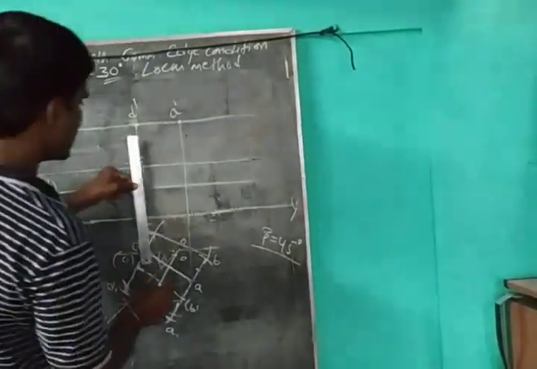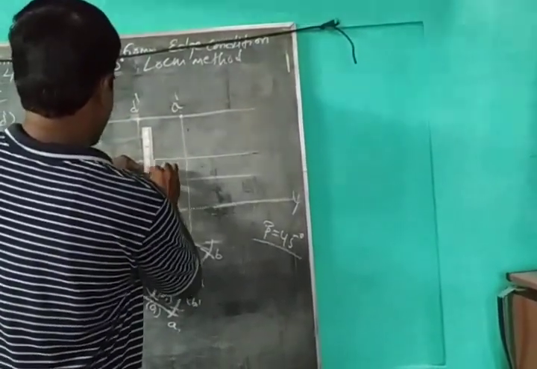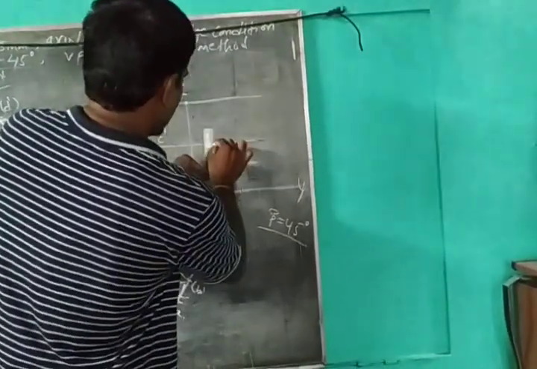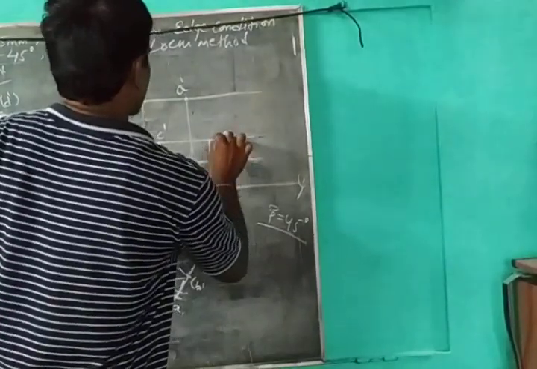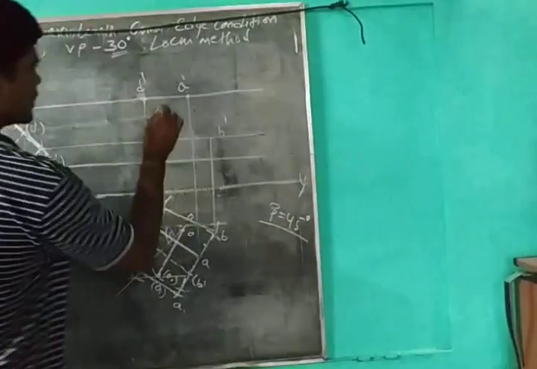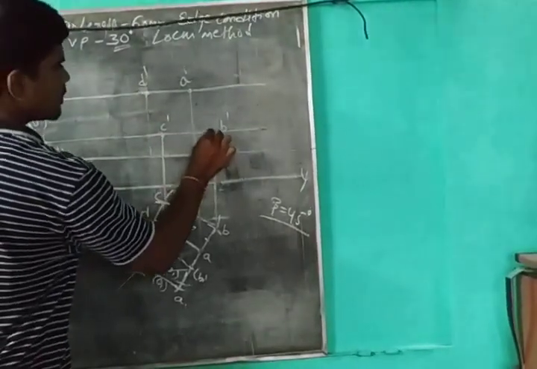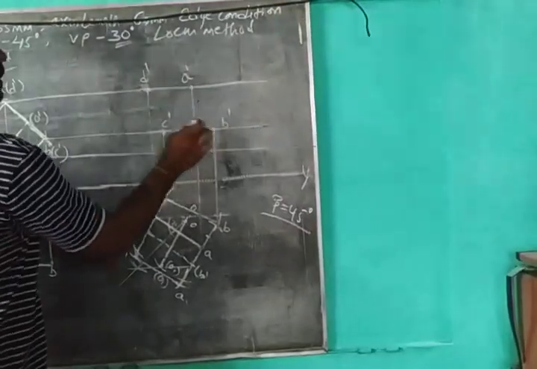Similarly, C is here, C is here, and this is C dash. B is here, and B is here. So B dash, C dash, D dash. Okay. So A, B, C, D.